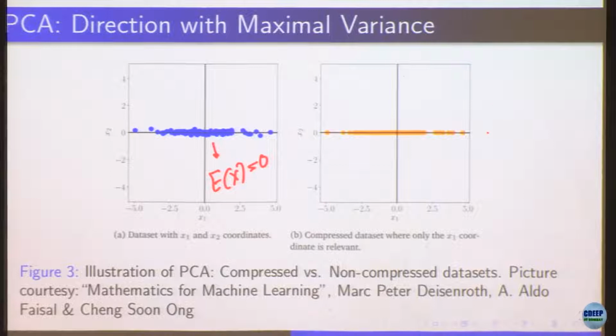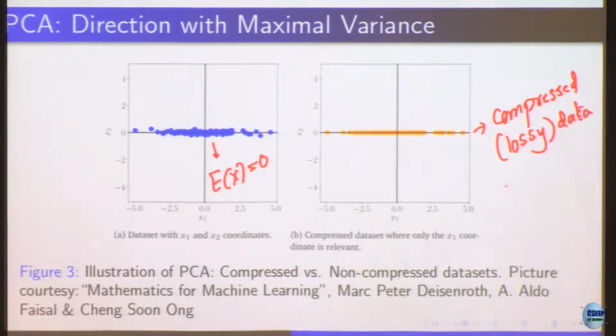This is a very simple illustration. This is compressed data, but it's also lossy. But this loss is minimal because we have captured the signal along the direction of maximum variance.